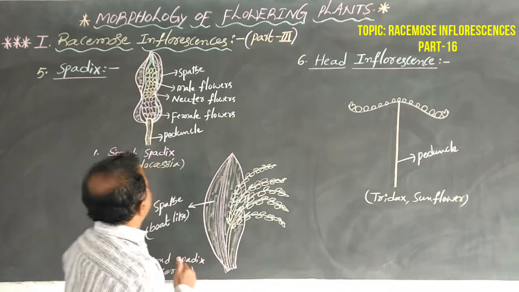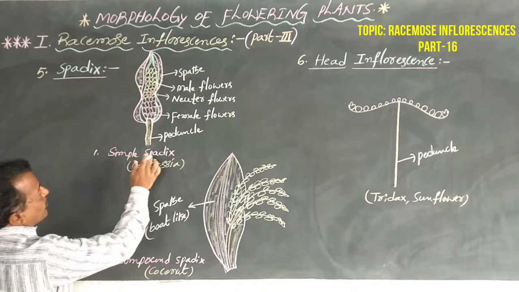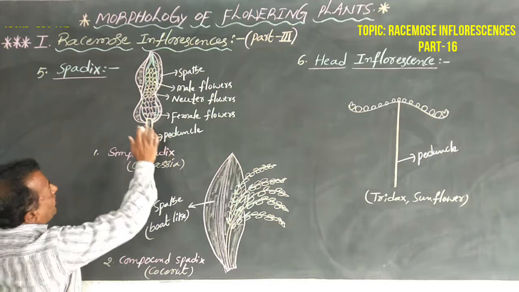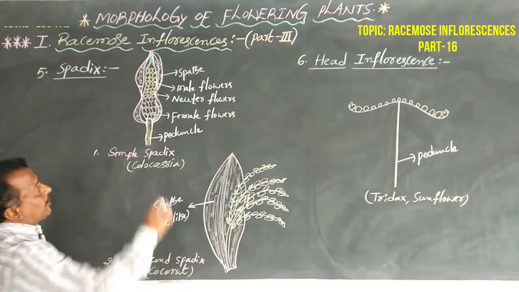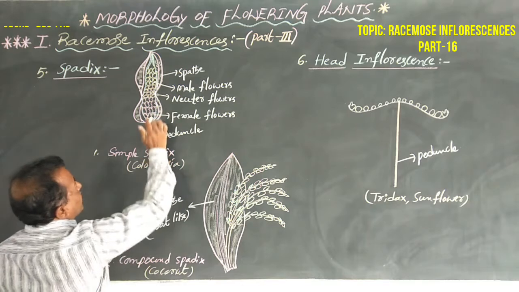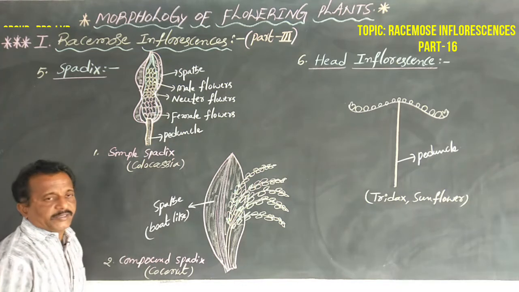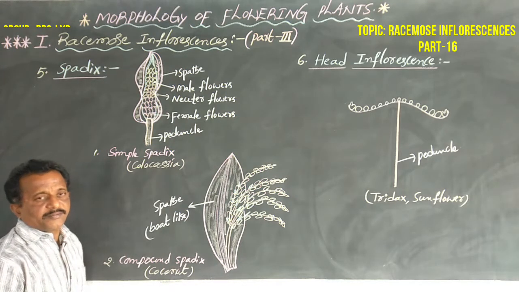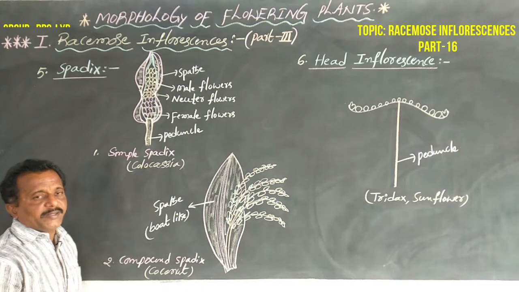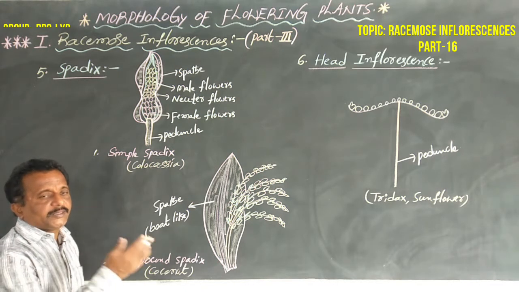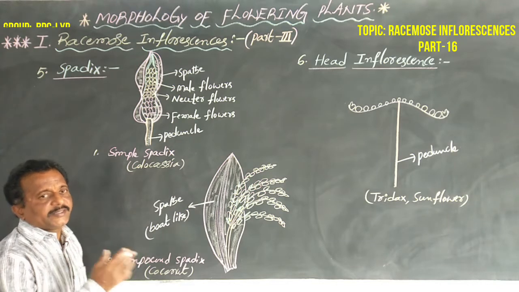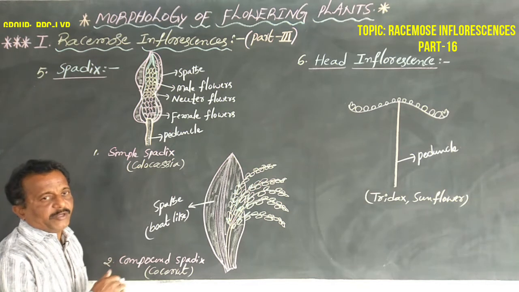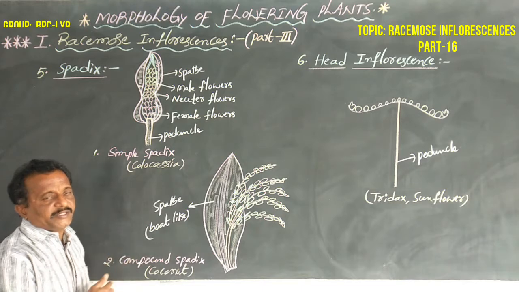Now, simple spadix. This is a peduncle, and the peduncle is unbranched. Colocasia has unisexual flowers, meaning female flowers and male flowers are separated. The same inflorescence contains both types of flowers, but the arrangement is different.